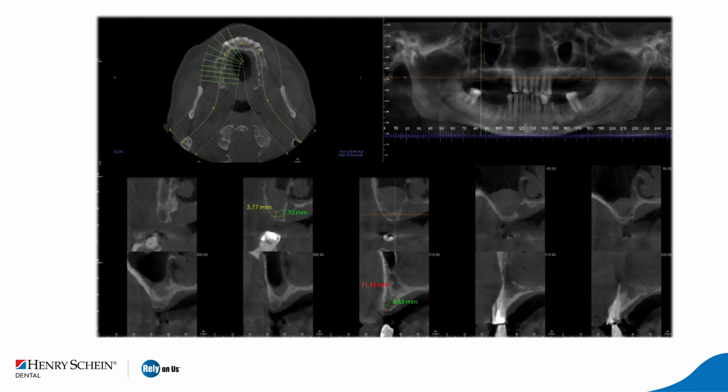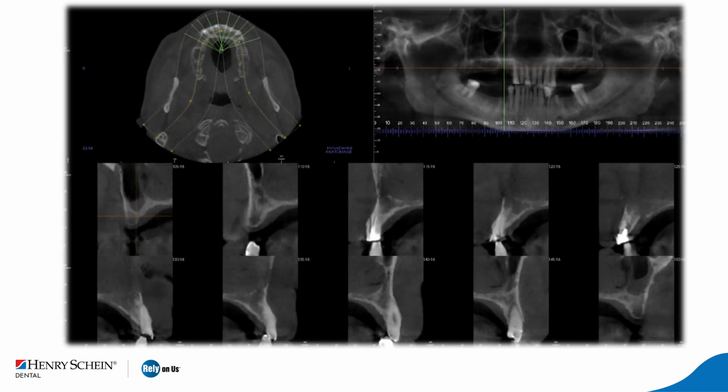Okay? So for case number 1, you see here that there is a CBCT that was taken from the first doctor, and you see that some measurements were made where he wanted to place probably implants. So you can see that there were measurements made in the area of teeth number 2, 3, 4, and 5.